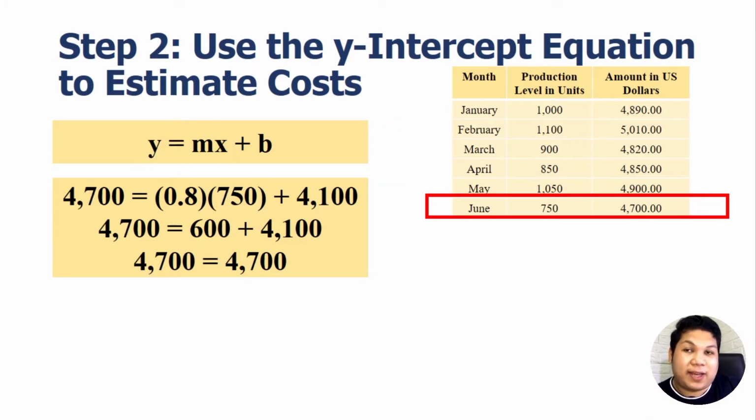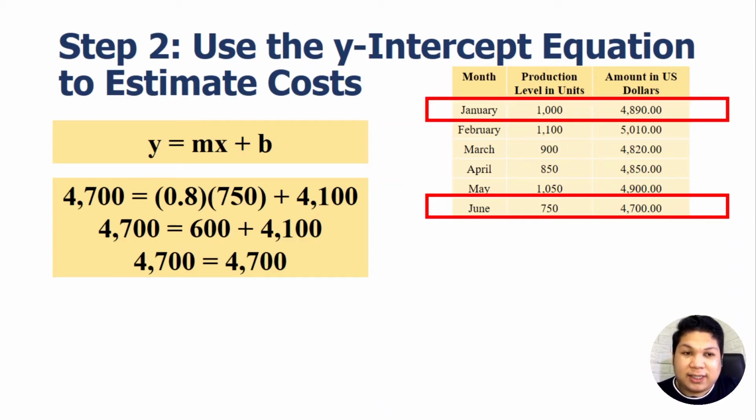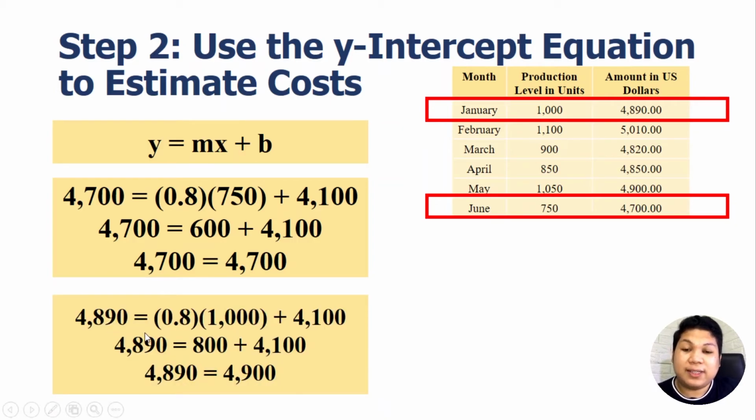It's not actually 100% precise, because if you apply this solution to other production levels, we will get different answers. Okay? For instance, for the month of January, wherein the production level is 1,000 units and the cost is 4,890. Following the same computation, 4,890 is our total cost.